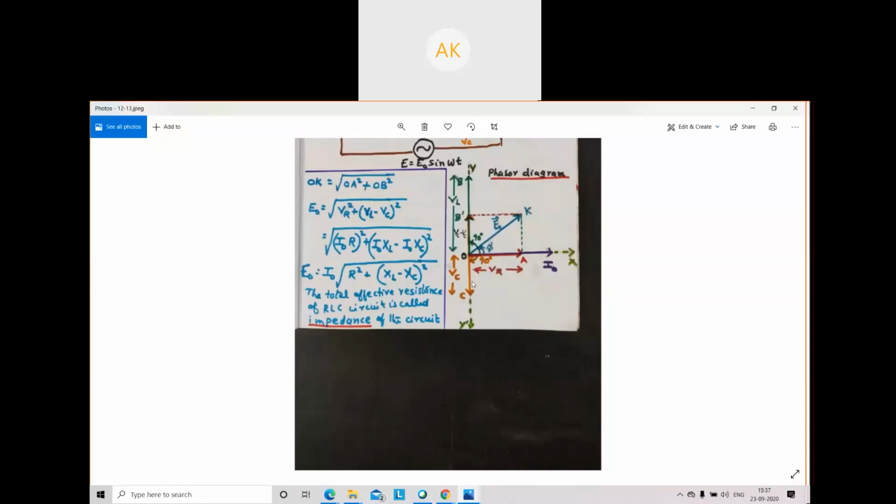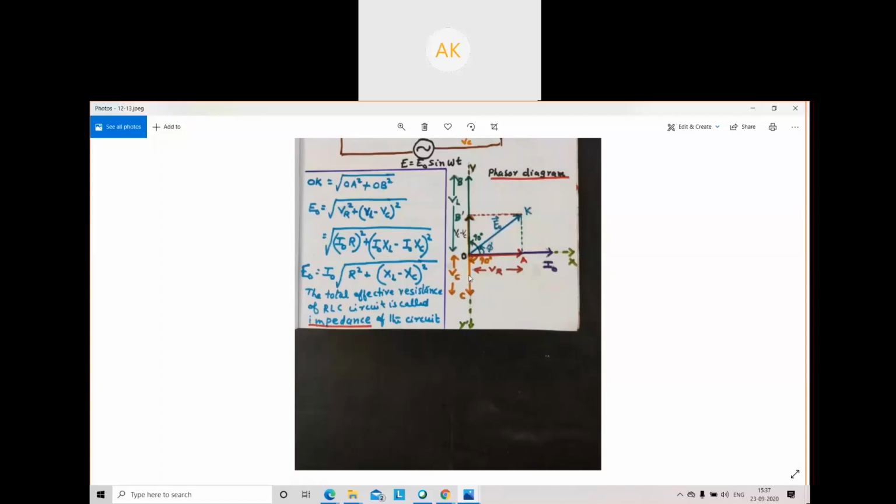Next we have to find the vector sum of all these. To make the calculations easy, we represent all these in a phasor diagram. Now we can find the resultant. VL is upwards, acting at this point O, and VC is acting downwards. Its magnitude is less, but they act in opposite directions, so it is easy to find the resultant of VL and VC.